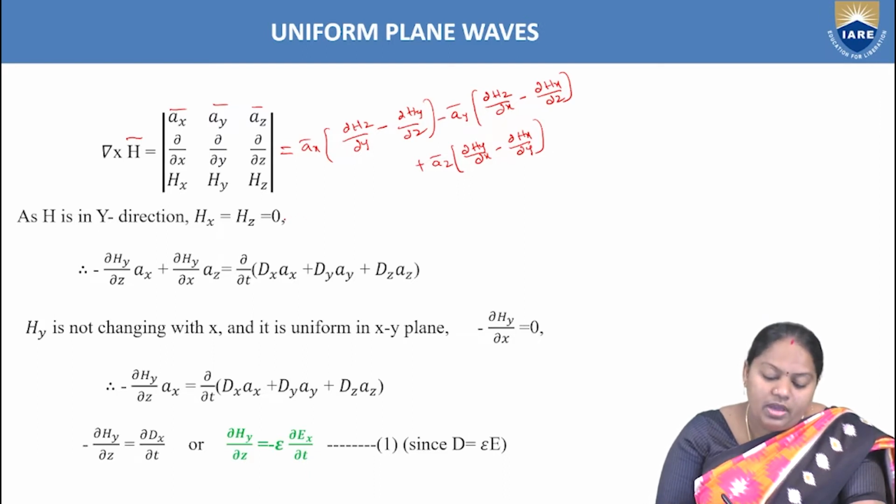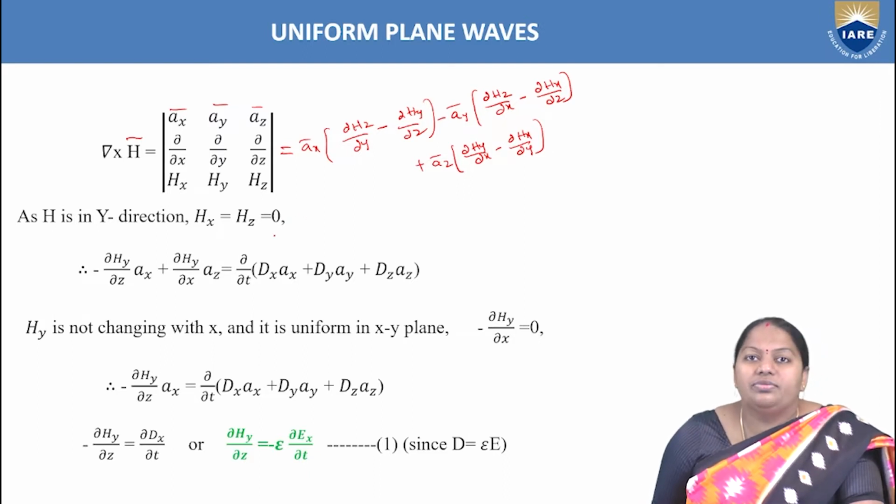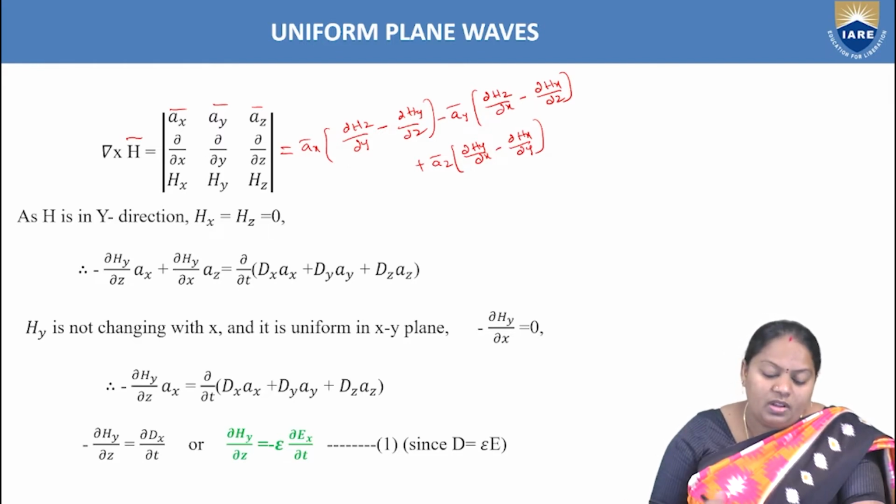Now, as we assumed initially, the electric field is in the x direction and the magnetic field is in the y direction. From that assumption, since H is in the y direction, the other components tend to zero. Hence Hx and Hz are 0.